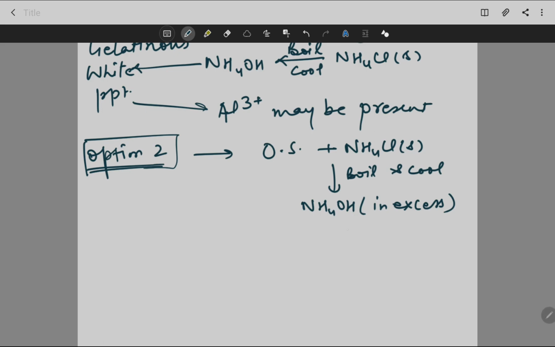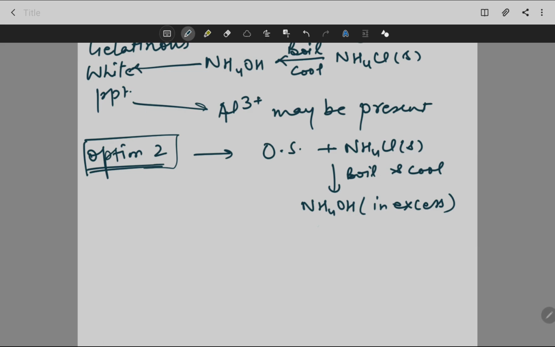The reason is because if ammonium hydroxide will be less, then it will not be precipitated in form of hydroxide, or group 3 will be undetected. Even if it is present, we will miss out, right? And how do we know that ammonium hydroxide is in sufficient quantity? We will smell it. If we get the ammonical smell, it means ammonium hydroxide is sufficiently present. And if we don't get any smell, it means some more ammonium hydroxide is to be added to this, right?